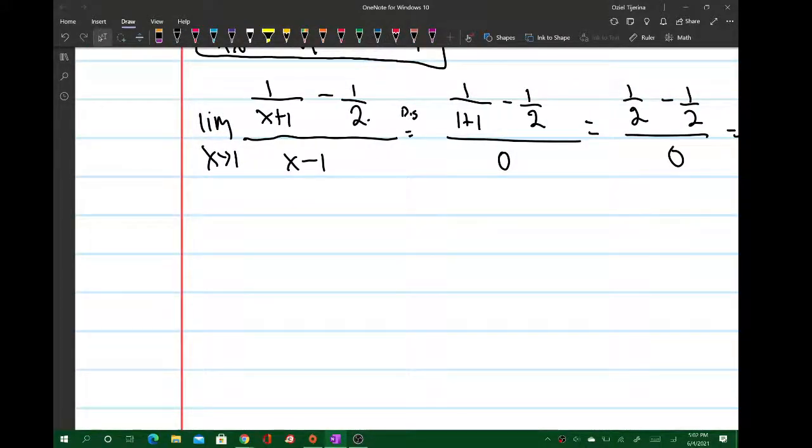Now this one is interesting. What you're going to do for this one, you're going to go ahead and simplify the top.